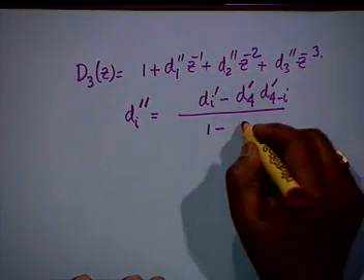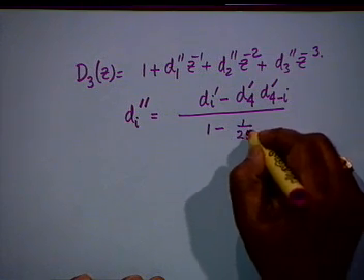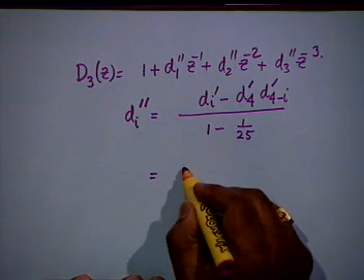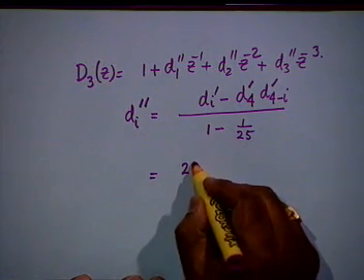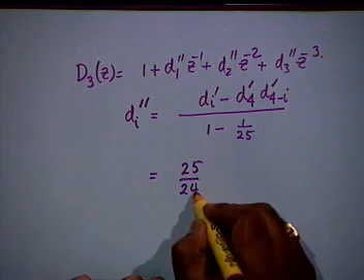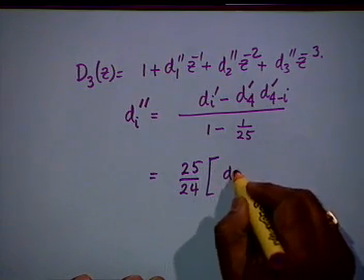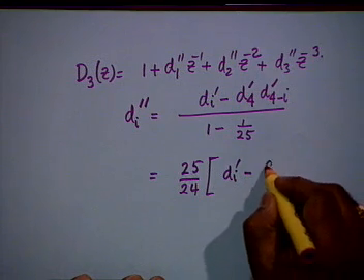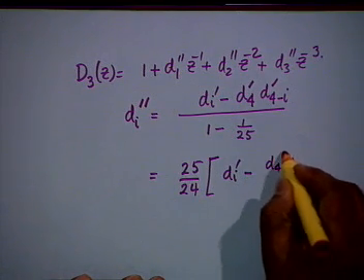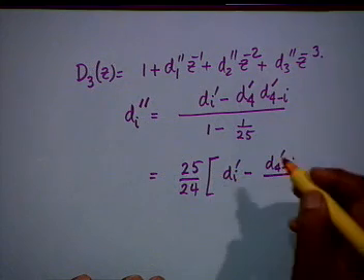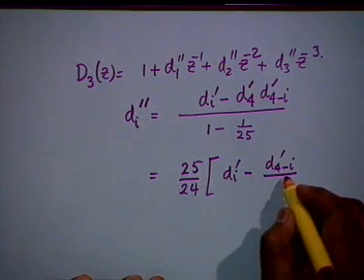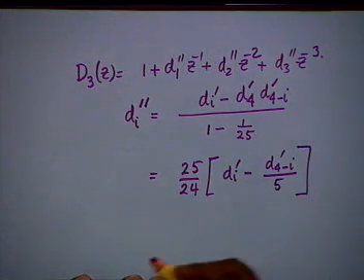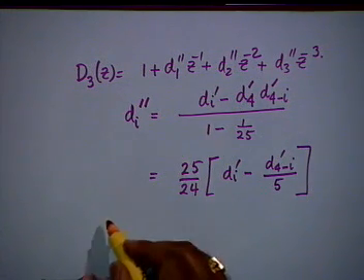What was d4? 1 by 5, so 25. Write this as 25 divided by 24 times di prime minus d4 minus i prime divided by d4 prime, which is 5, so 5, and calculate the coefficients.